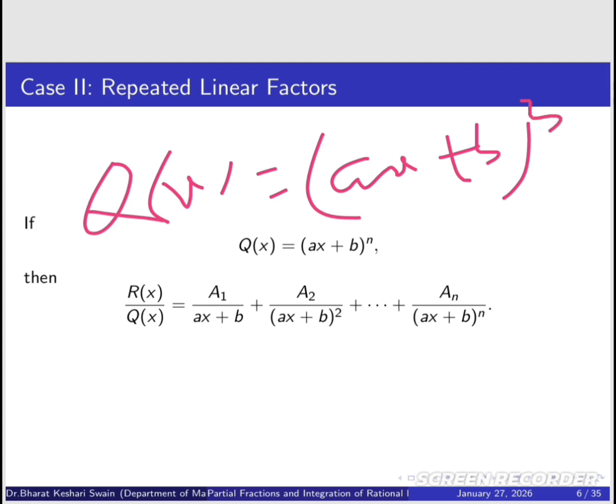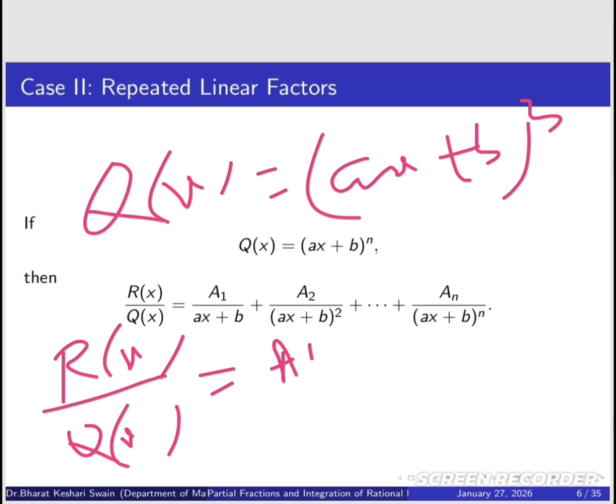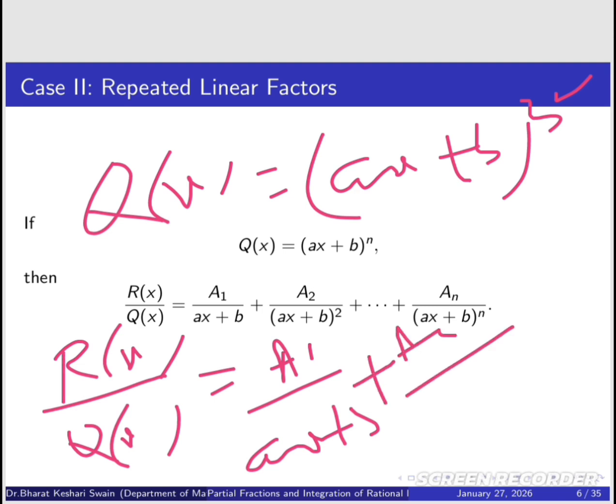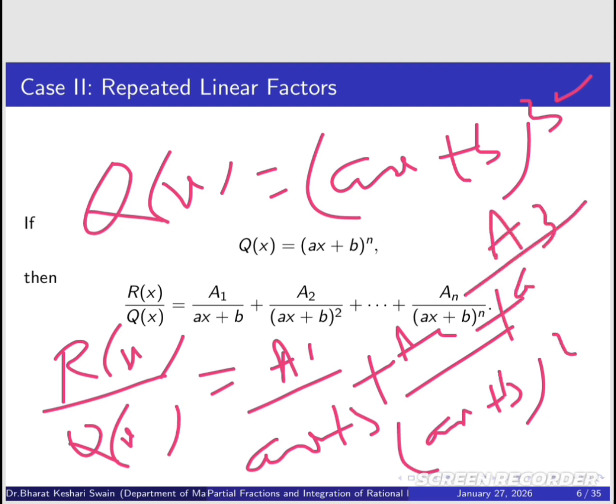Then what do we have to write? Rx divided by q of x is equal to a1 divided by ax plus b, then a2 by ax plus b whole square, then a3 divided by ax plus b whole cube, because the degree is 3.